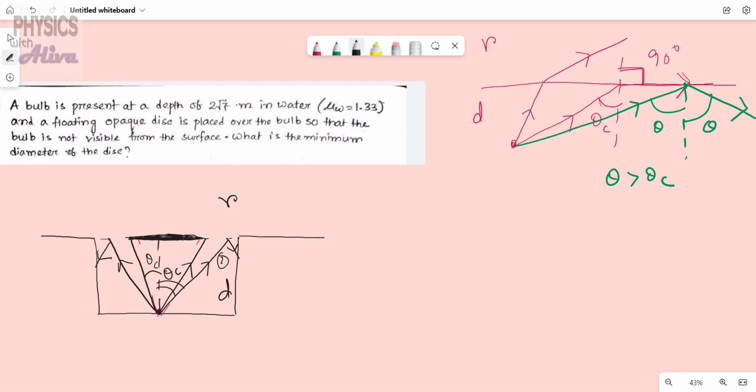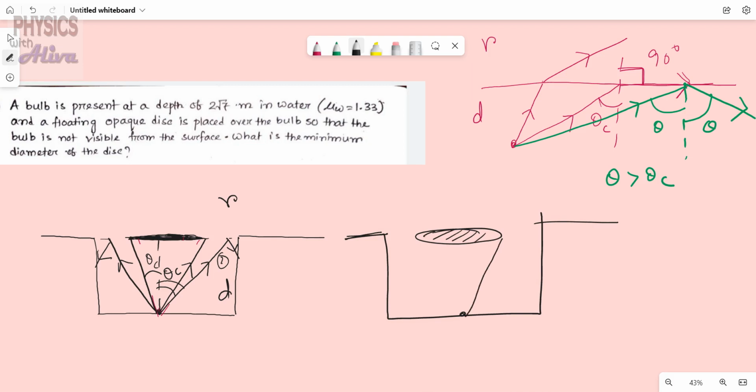Now I will show you the different cases also so that it will be clear what is happening here. Suppose this is the disk and this angle theta is less than the critical angle theta c.